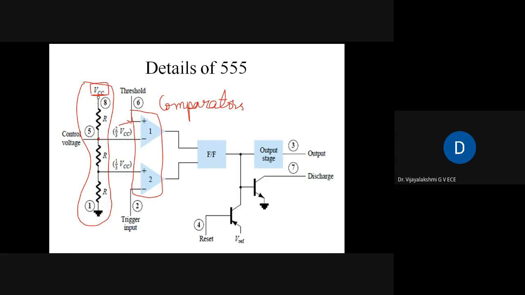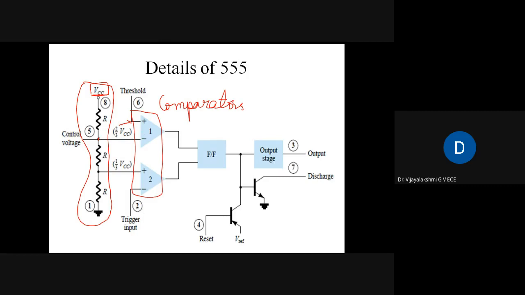The voltages we get from this voltage divider network, that is 2/3 of VCC and 1/3 of VCC, form one of the inputs to these comparators. This 2/3 of VCC is given to the non-inverting terminal of the first comparator, and this 1/3 of VCC is given to the non-inverting terminal of the second comparator.